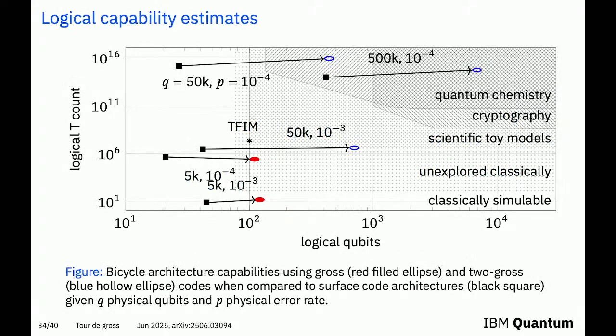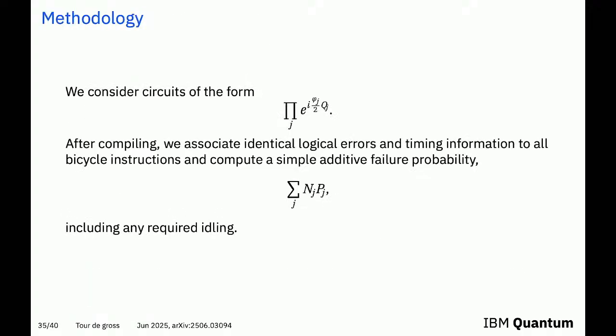Okay, so now that we know how to compile, I can explain how we got this plot here. So we consider simple circuits of the following form, where we have Q_j Pauli-generated rotations of some small angle phi_j, and after compiling using the techniques I briefly showed you just now, we can compute a simple additive failure probability where we take the failure probabilities from that table that we used the extrapolations for, and we also include any required idling.